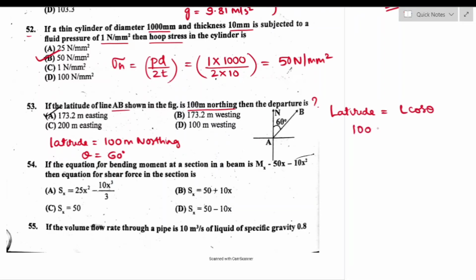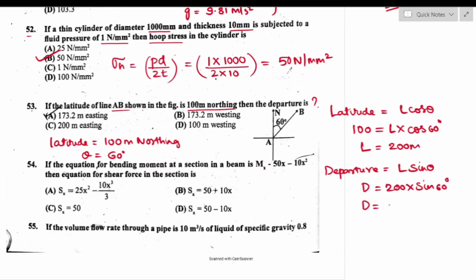Latitude is 100 meter northing, so 100 is equal to L into cos 60 degree. So the length of the line segment AB is equal to 200 meter. To find the departure, we know that departure is equal to L sin theta. So departure is equal to 200 into sin 60, so departure will be 173.2 meter eastern. So the right answer is option A.